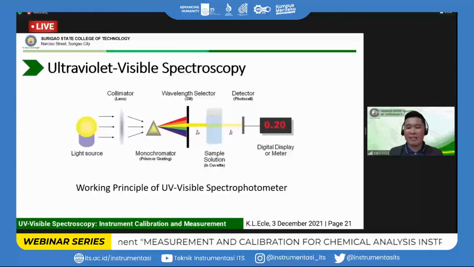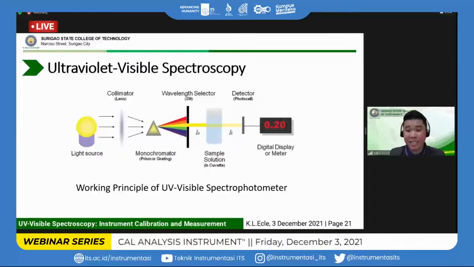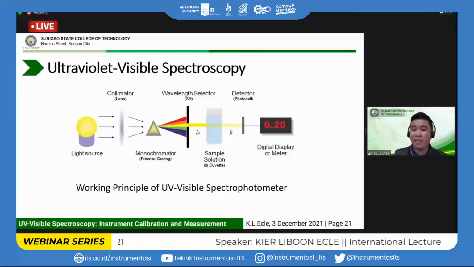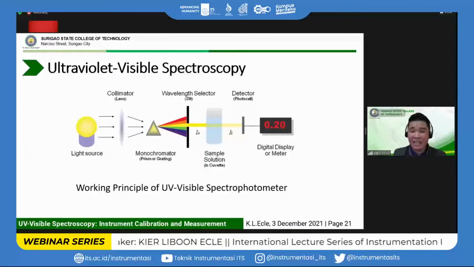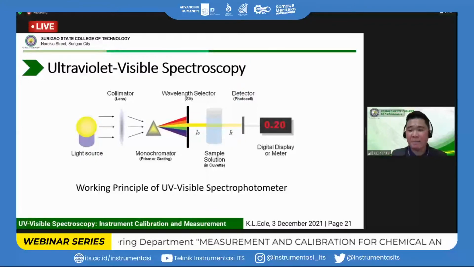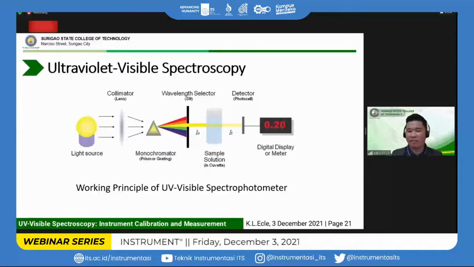Until this transmitted radiant power reaches the detector of the instrument, and it would now display the data. It could be transmittance or absorbance. In transmittance, the lowest is 0 and the highest is 1. The value for transmittance is between 0 and 1, while the absorbance could be more than 1.